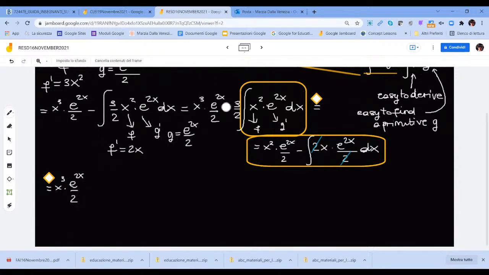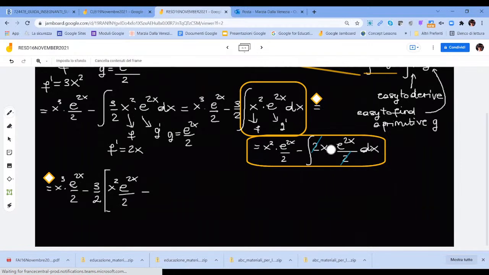This was minus 3/2 that multiplies, sorry, this integral, but this integral we have this solution, so we have minus 3/2 that multiplies x squared times e to the 2x divided by 2, minus, and now we have the integral of x times e to the 2x.